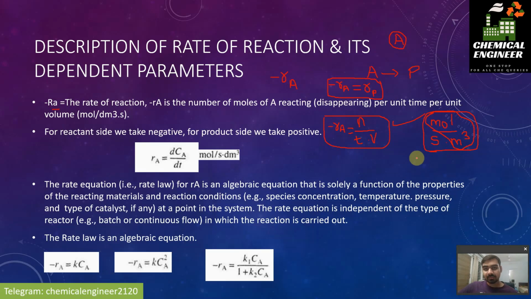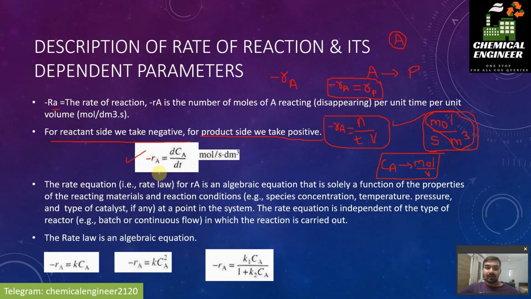You might know that mole per meter cube is concentration. Mole divided by volume is nothing but concentration. So that is what we have written here. That is, minus rA will be change in concentration divided by change in time. Simple. Here I have written that for the reactant side we take negative, for the product side we take positive. This is the general convention.